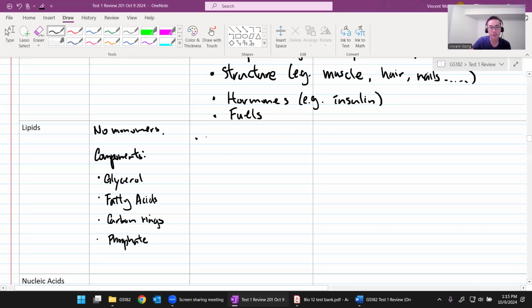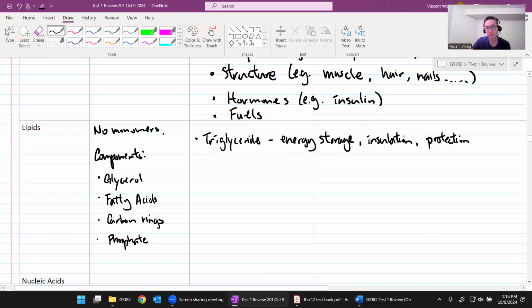Biological function. So we have things like triglyceride, which is for energy storage, insulation, protection of organs, keeps them warm.